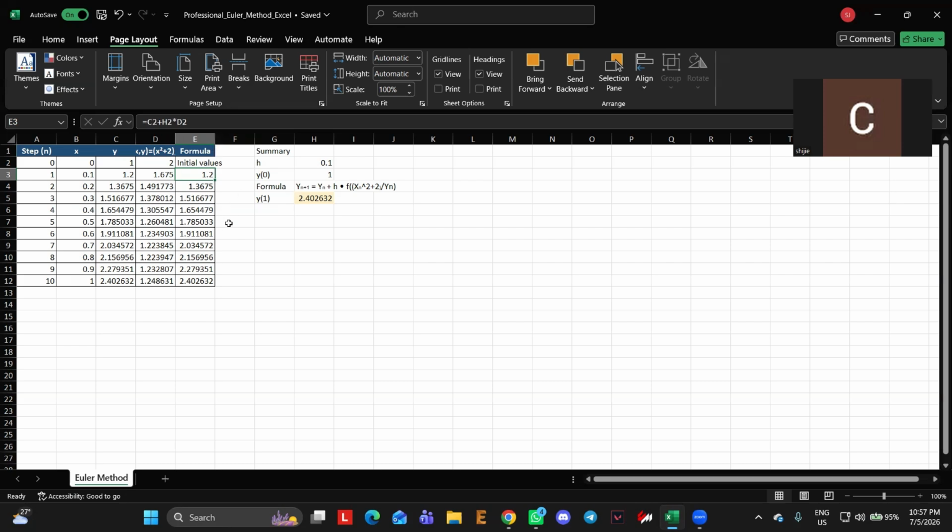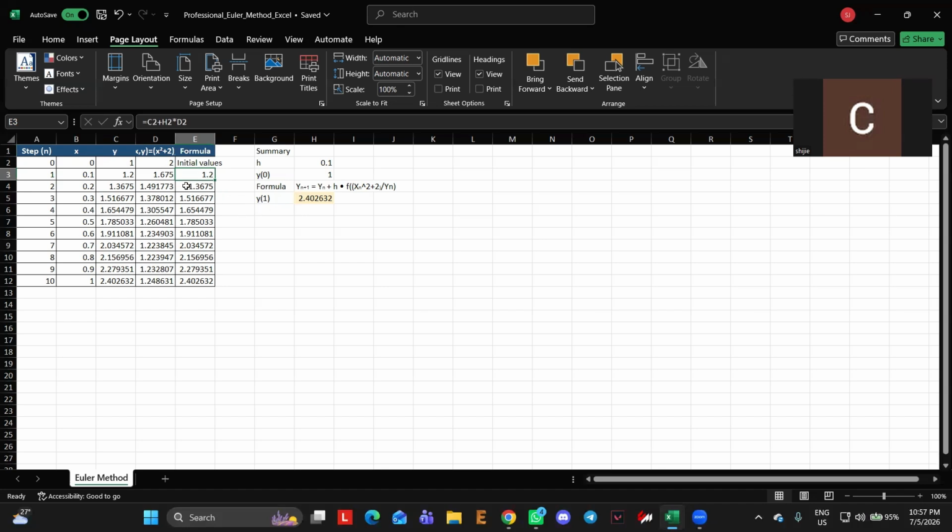Okay, so for the initial value, we will use it to find step 1. Step 0 will be x equals 0 and y equals 1. Using the formula, we get 1 plus 0.1 times the derivative value of 2, which ends up with 1.2.